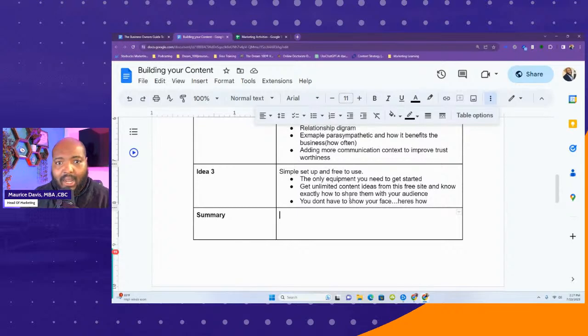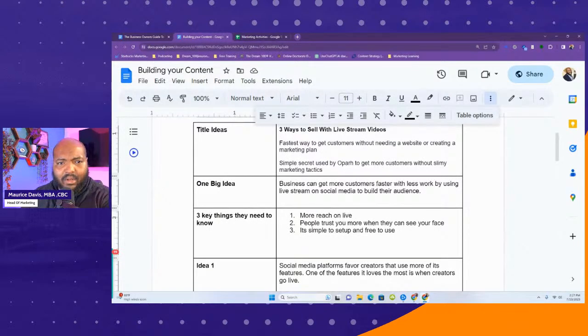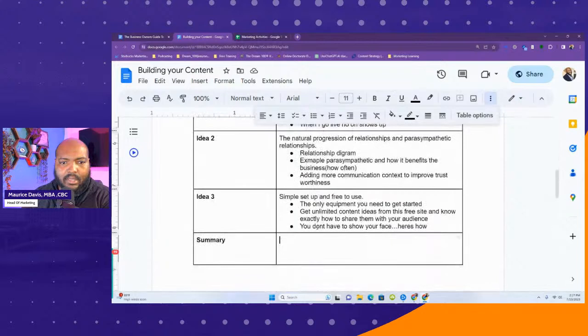Now, the summary, I'm just going to take these and pull them together. So I'm going to say live is the fastest way to get customers.